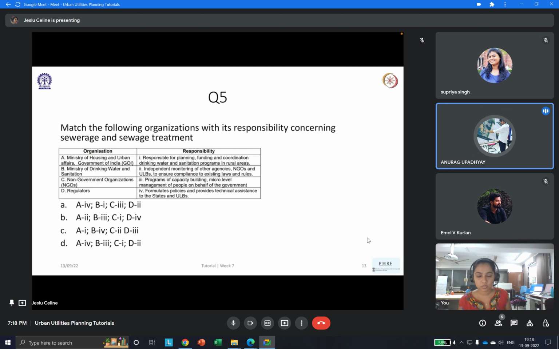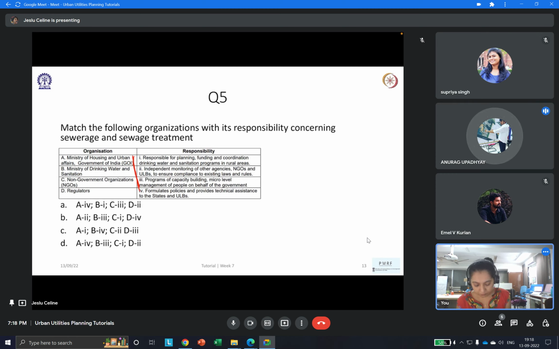Okay. The Ministry of Housing and Urban Affairs. For them, I guess, according to me, the last one, the fourth one: they should formulate policies and provide technical assistance to the states and ULBs.